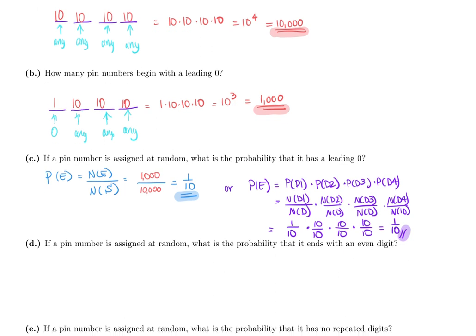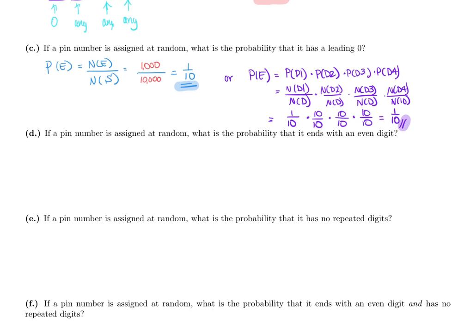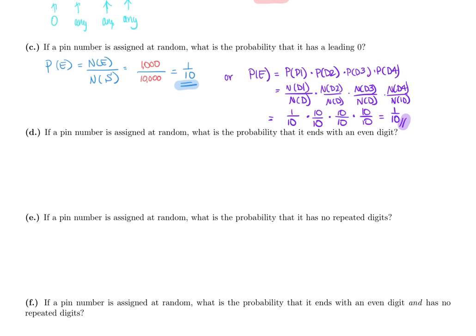So if we look at D, it says if a PIN number is assigned at random, what is the probability that it ends with an even digit? So this is going to be interesting. We've got 4 digits still. And now we're saying that the first digit could be anything, right? Any single number here, and here. But this last one has to be even.